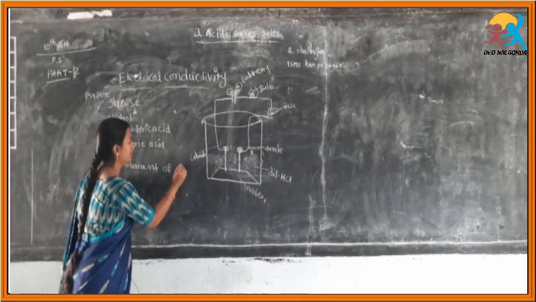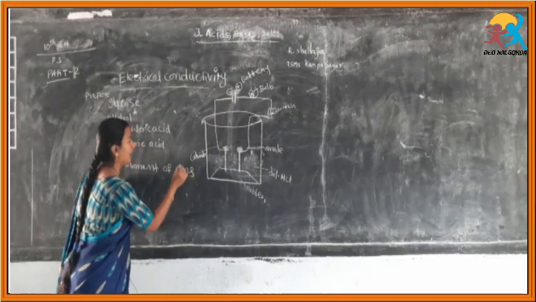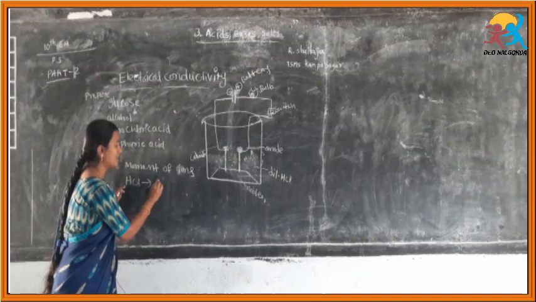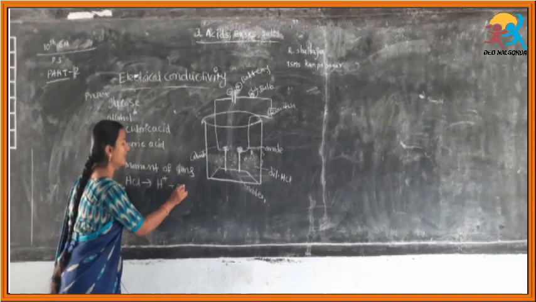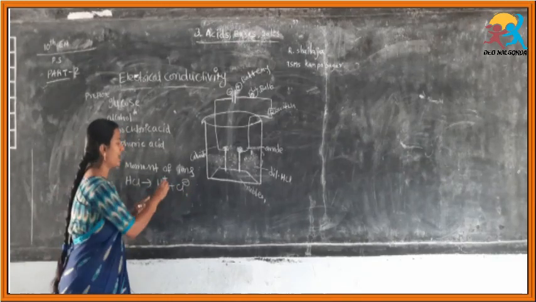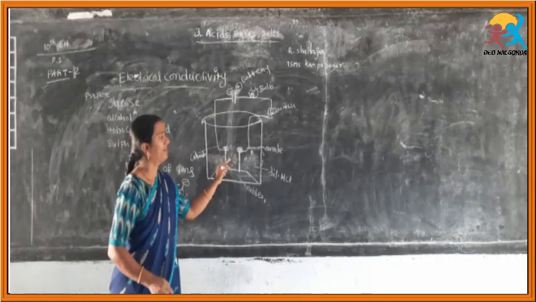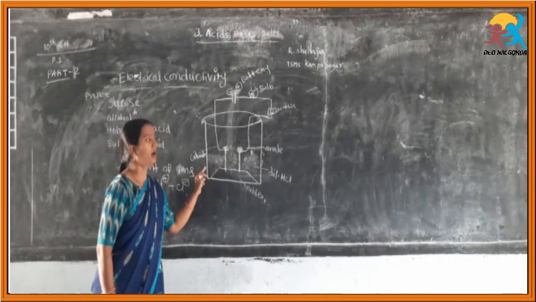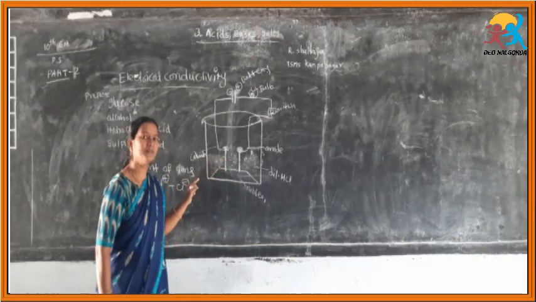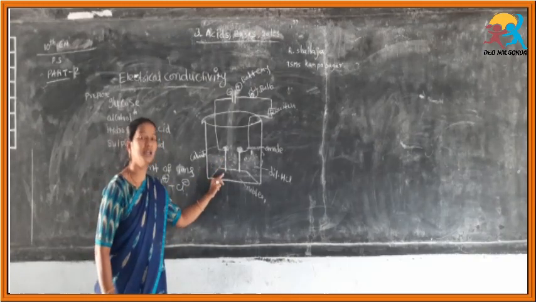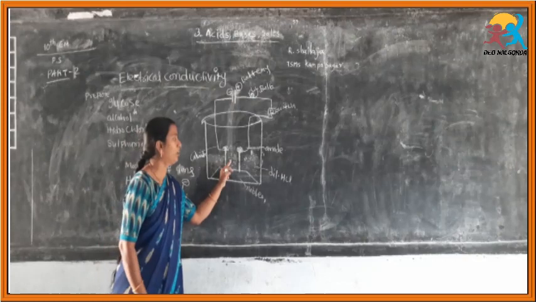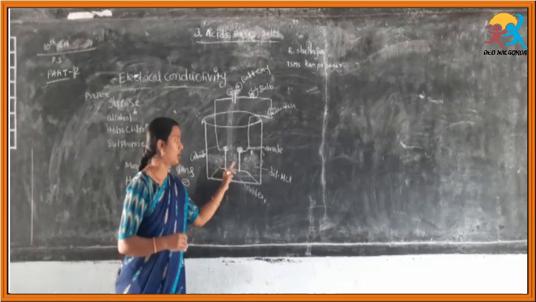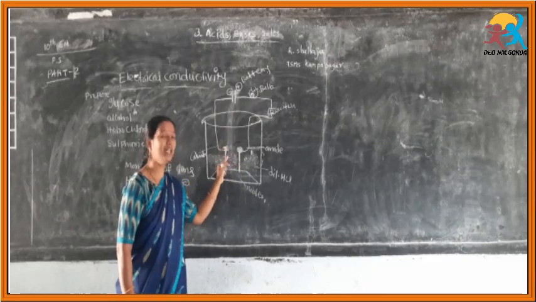In HCl, the ions separate as H+ and Cl- ions. The positive ions move towards the negative electrode and the negative ions move towards the positive electrode. So movement of ions occurs in dilute HCl. That movement of ions carries the electricity from one rod to the other rod. That's why the bulb glows.